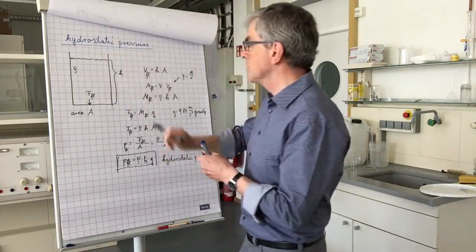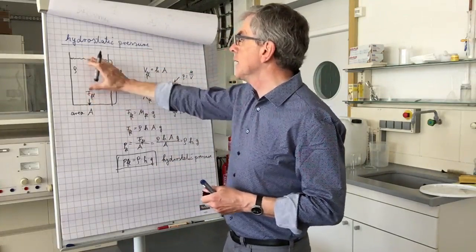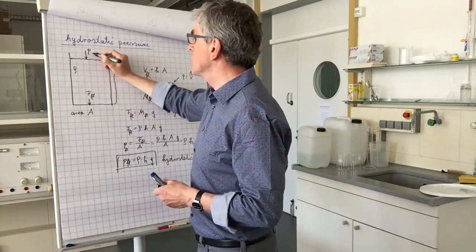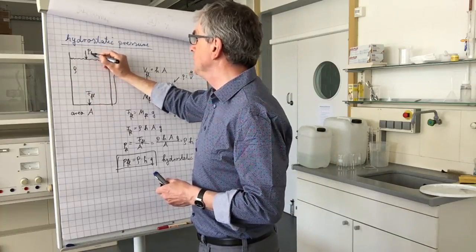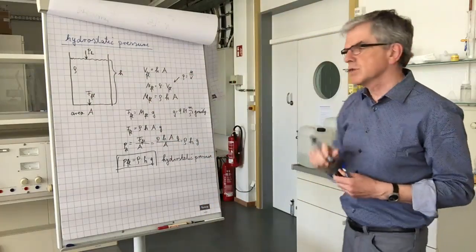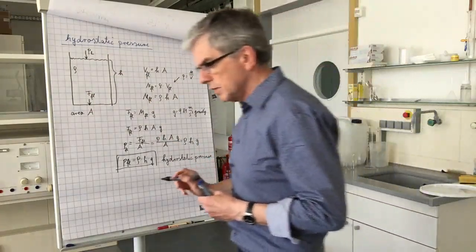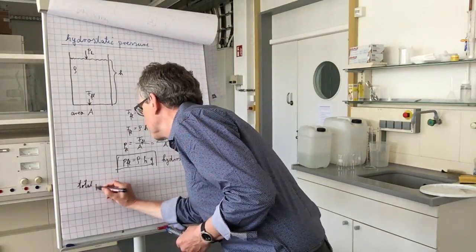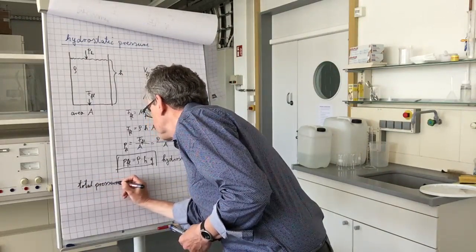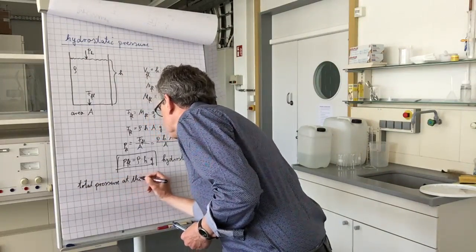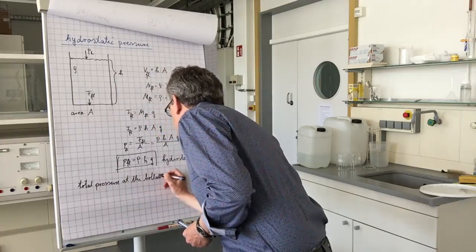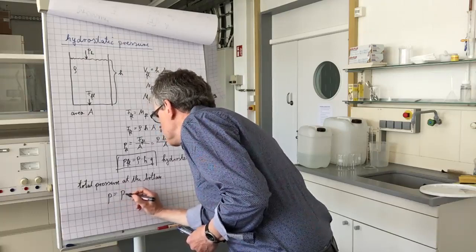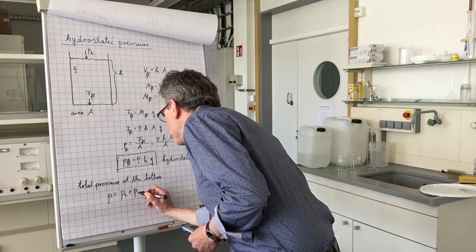In addition to the pressure due to the liquid, we have also some pressure of the air, PL, that's the external air pressure. So the total pressure is P, that would be the air pressure, plus the pressure of the fluid.